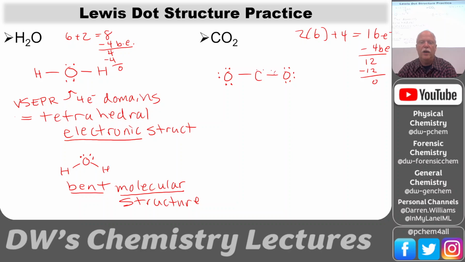So we're done. We've got all of our electrons on the molecule, but we need an octet rule for that carbon. So we start making a double bond. It's only got 4 electrons. It needs 4 more. So we're going to put 2 in from this oxygen, and we'll put 2 in from that oxygen.